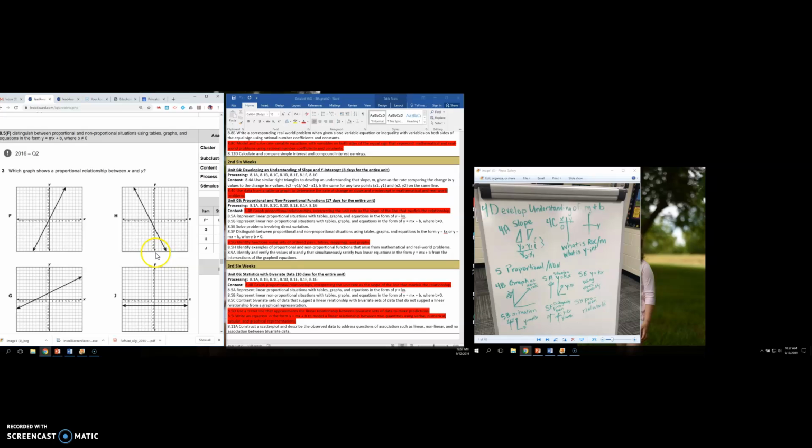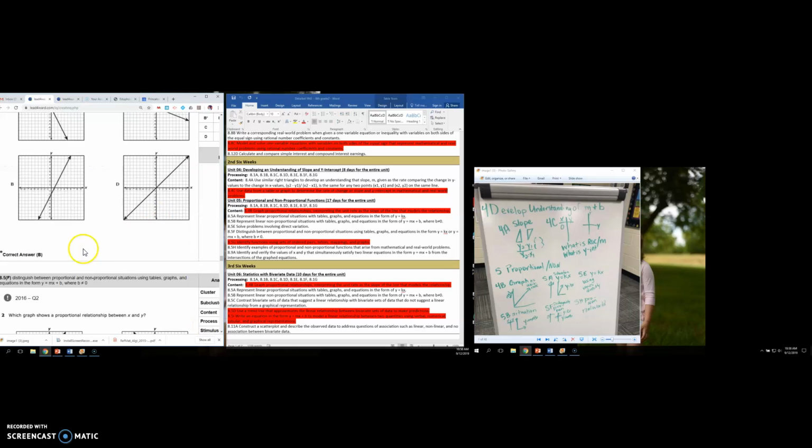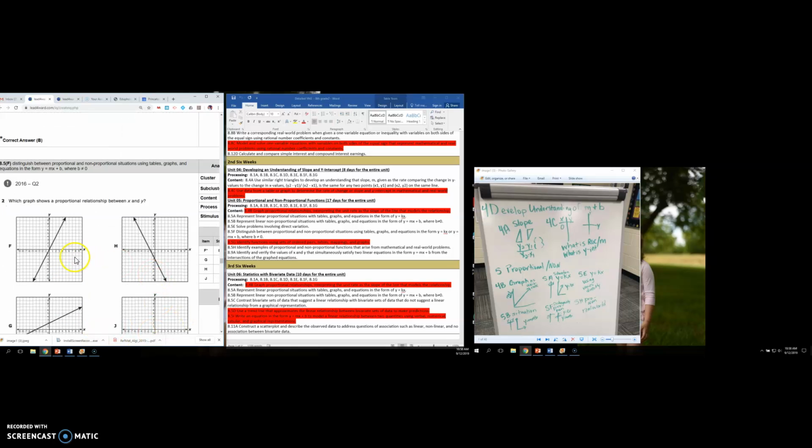But the TEK does say it could be in tables, and it could be in the forms of y equals kx or y equals mx plus b. So they're going to have to say which one's proportional, which one is non-proportional. Pretty straightforward. These 4 answer choices could be tables. These 4 answer choices could be graphs. Or could be equations and other options there.